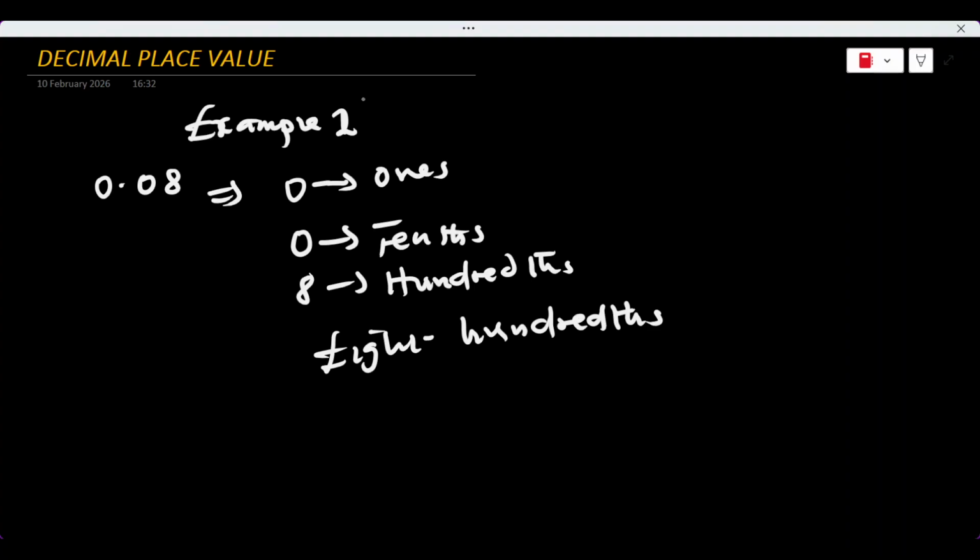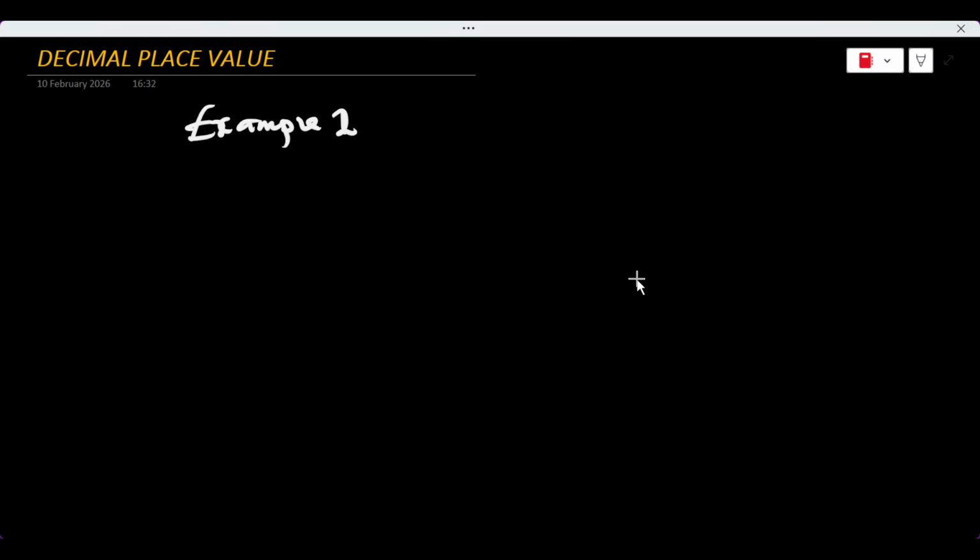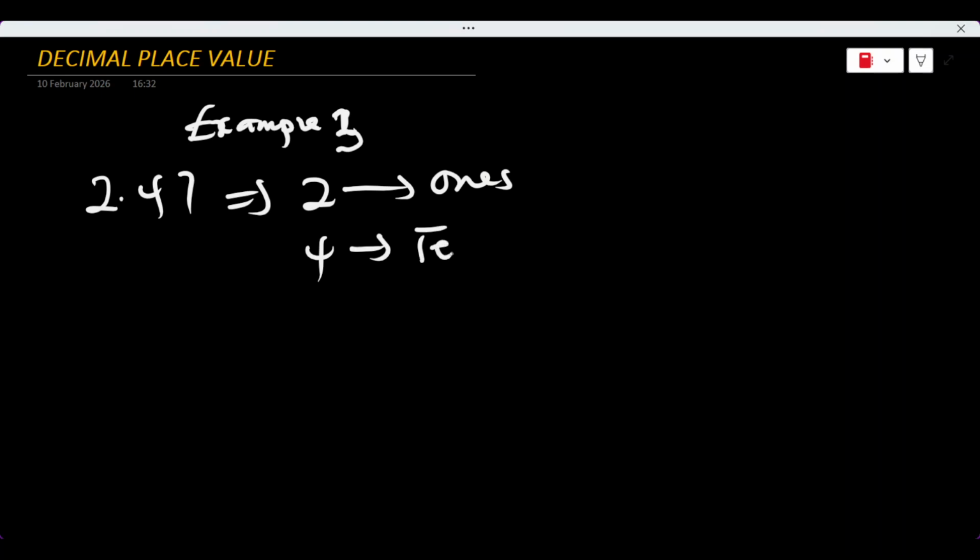We are going to look at more examples. Example number 3 is 2.47. The 2 is at the ones place, the 4 is at the tenths, and the 7 is at the hundredths.